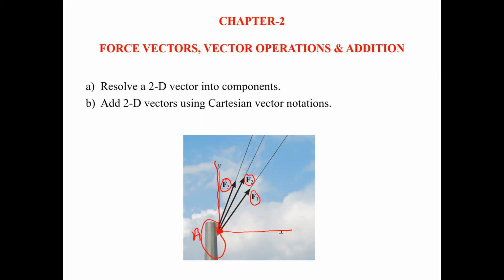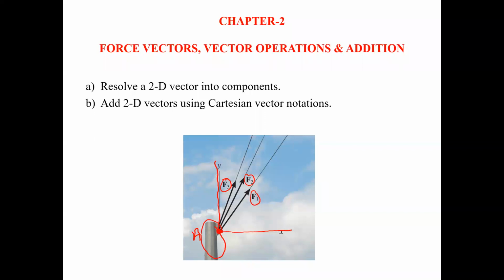But again, let's come back to the purpose of learning this concept and doing this mechanics. What is the purpose? The purpose is to determine whether this pole is safe for this loading, or whether it is going to fail under this loading. So how can we do that?